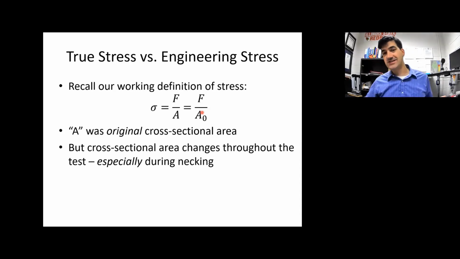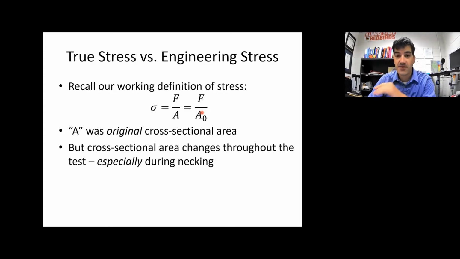So basically what engineering stress is, all right, I know that the cross-sectional area is going to change for the part as I'm doing the test, but you know what, I don't care. And that's the simplest way of dealing with it, and that's also the most common way of dealing with it. So that's what we're going to do in this class. So you should be relieved to hear that.